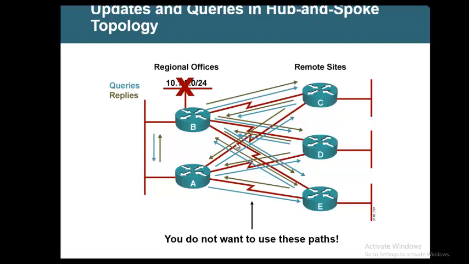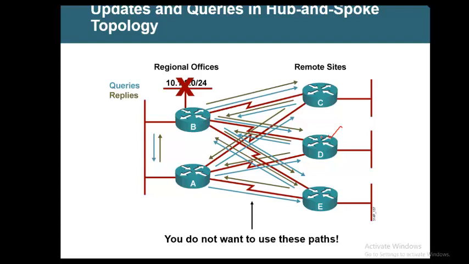See, according to our assumption, D has already given the route, saying I got a route. And B, you don't put that route in the routing table.